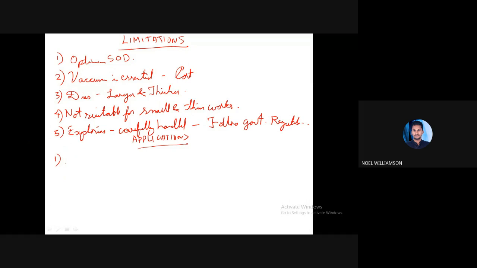Then jet engine parts. Missile nose cones.